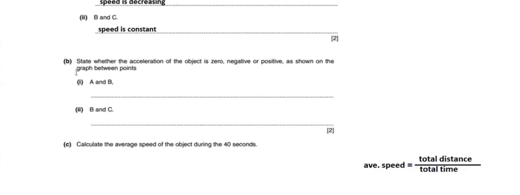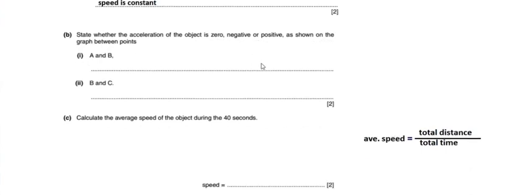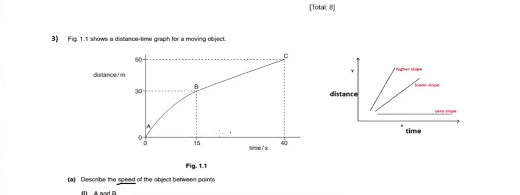Now the part B of the question: state whether the acceleration of the object is 0, negative or positive as shown on the graph between the points. So here we need to tell about the nature of the acceleration between A and B and B and C. The very important point is that they are asking about the acceleration, and the graph given is the distance time graph.